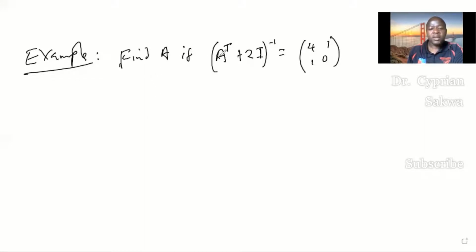Find A, if the inverse of A transpose plus 2I gives you the matrix 4, 1, 1, 0. So, solution: to do this question, I would use the last theorem there, which says that the inverse of A inverse is A. That is the theorem I will begin with.